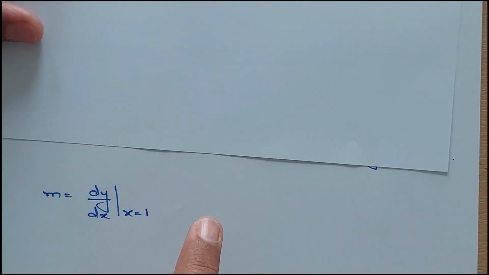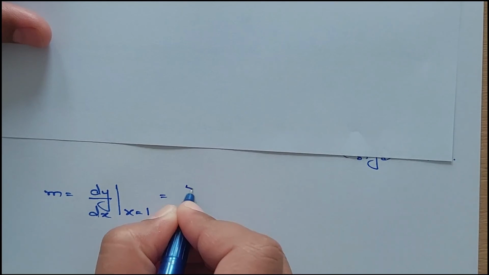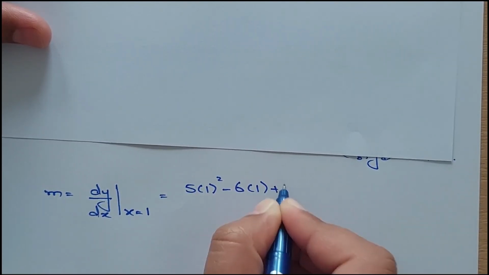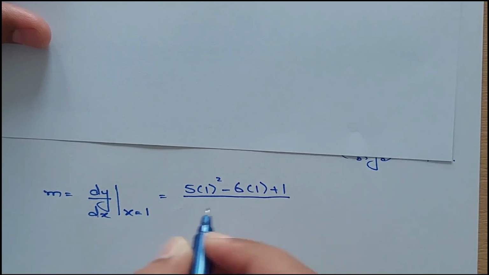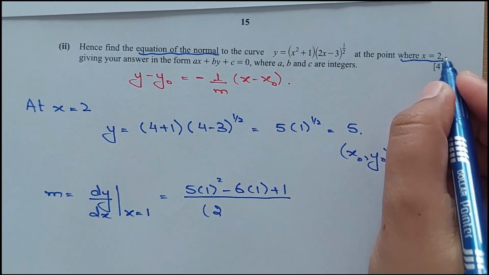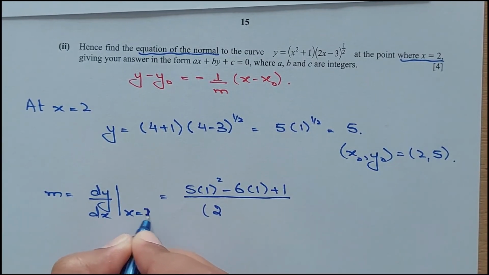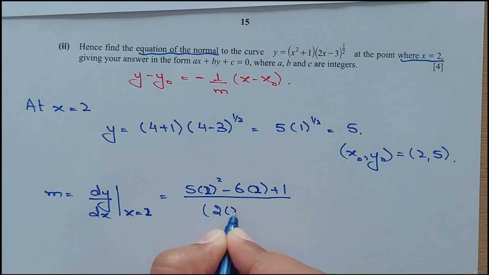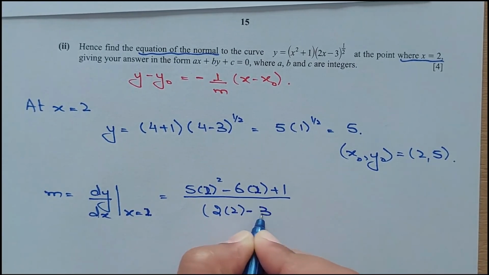So 5x square means we have 5 times 1 square minus 6 times 1 plus 1, divided by 2 times 1 is 2. Sorry, it's not 1, it's 2. Yes, x is 2. 2 times 2 and then minus 3 and then square root, right?